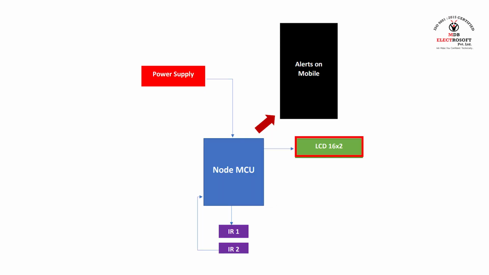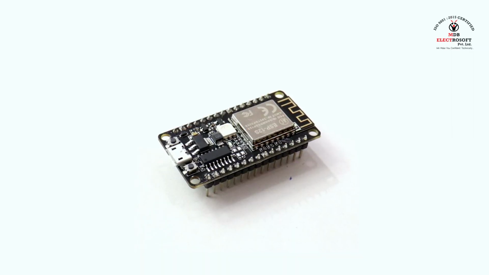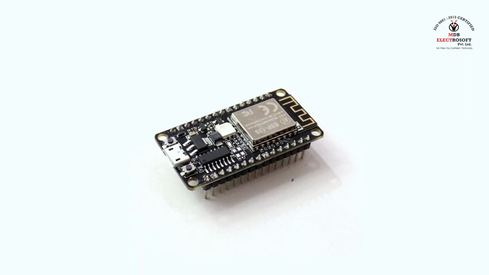Then we are having I2C LCD. As we have discussed in our multiple videos earlier, why we use I2C LCD in case of NodeMCU. As we have already discussed that NodeMCU have very limited amounts of pin. That's why we can't interface a NodeMCU directly with the LCD because we need other pins to connect to our sensors.